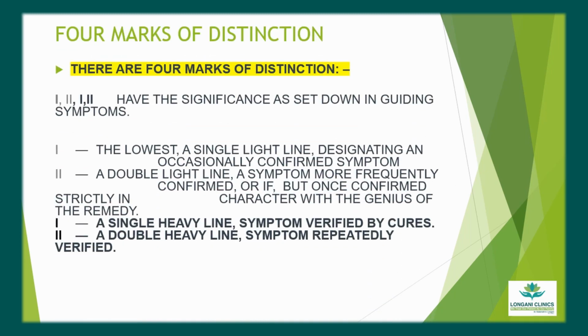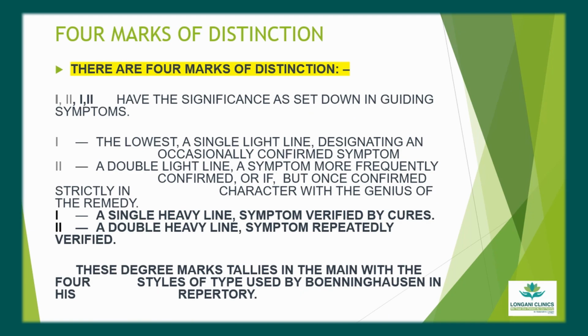Four marks of distinction. There are four marks of distinction: single light line, double light line, single thick line, and double thick line, which have the significance as set down in the Guiding Symptoms.